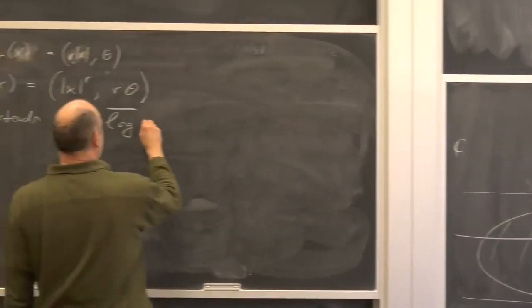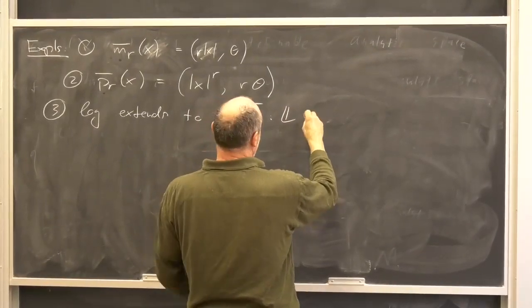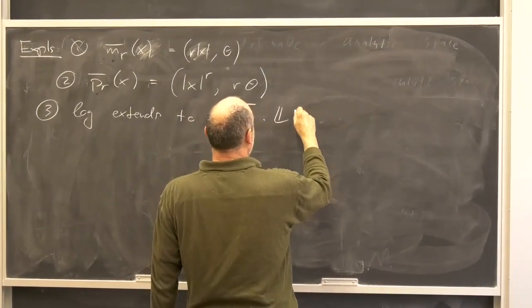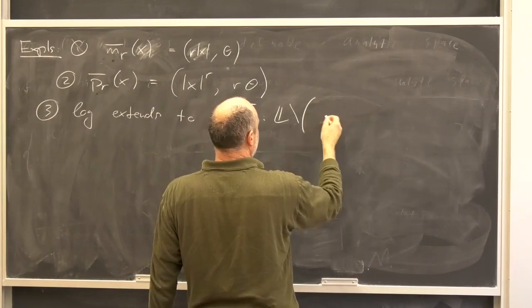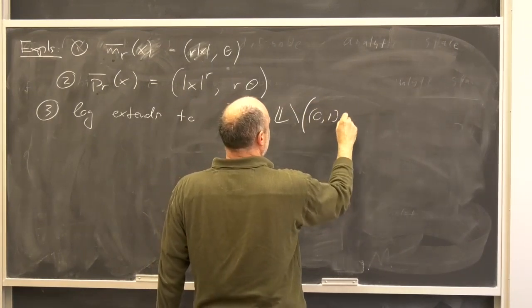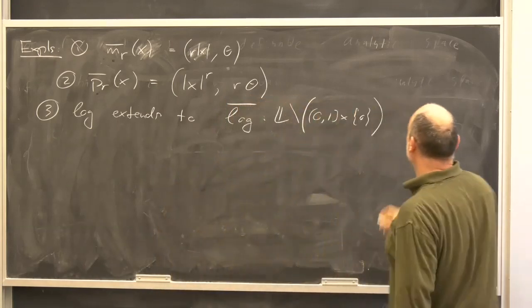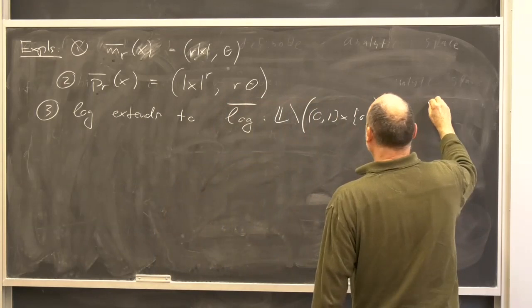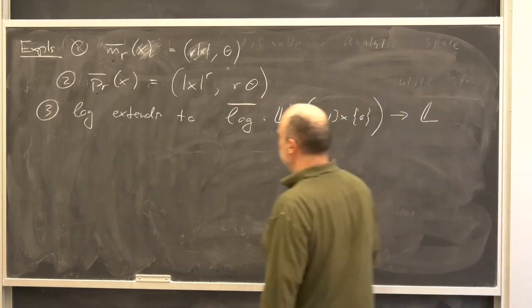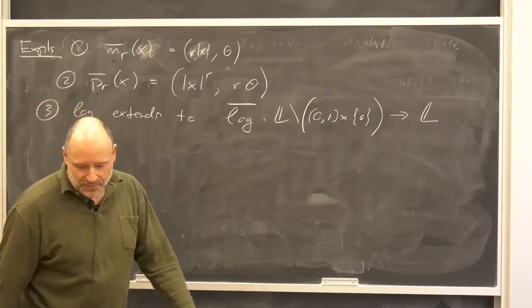So log extends to almost the entire L except 0, 1 times 0. Then it will take values in L. What's the right way to do this?